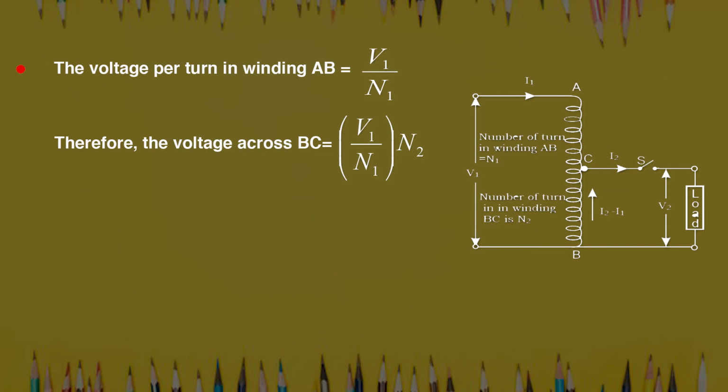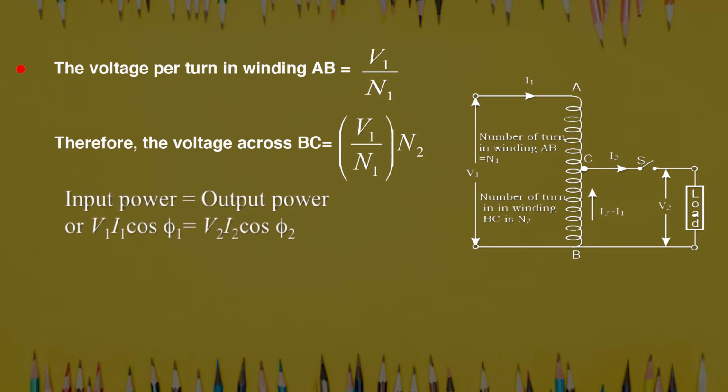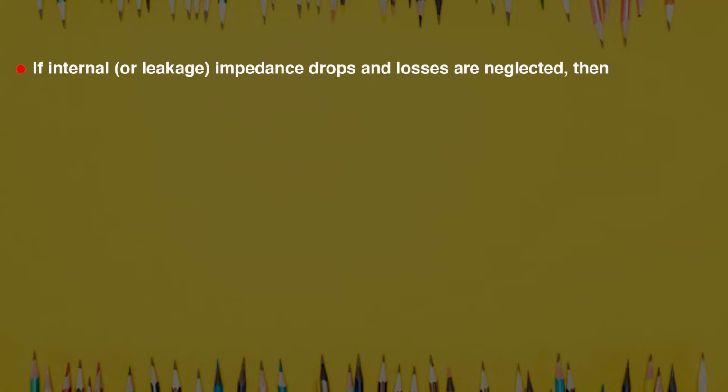So as you know, in case of a transformer the input power is equal to the output power. So in this auto transformer, what is the input power? Input power is V1 I1 cos phi 1, and what is the output power? Output power is V2 I2 cos phi 2. So if internal impedance drop and losses are neglected, then what is the value of cos phi 1?